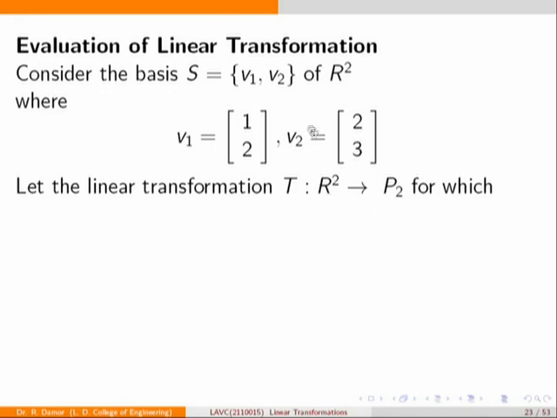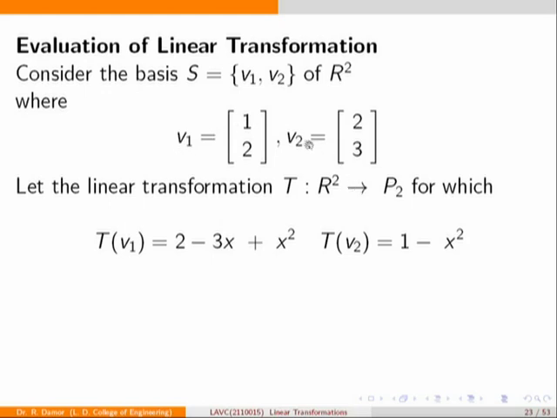Clear? So the basis is given for vector space R2, and the transformation is a linear transformation from R2 to P2, the set of all polynomials of order 2, for which the image T of v1 is 2 minus 3x plus x squared. Clear? So the image of this element of the basis v1 is 2 minus 3x plus x squared.